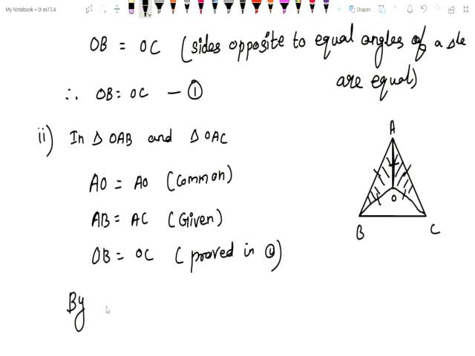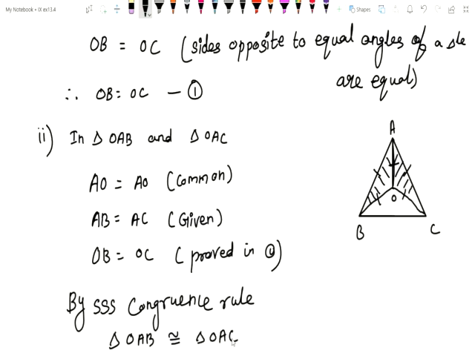So by the SSS congruence rule, triangle OAB is congruent to triangle OAC.